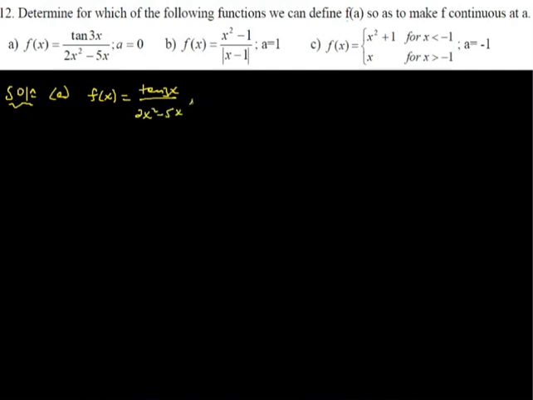So the a value is a equals 0. For this case, f at a is f at 0. If you substitute 0 in place of x, f at 0 means tan of 3 times 0, which is 0, over 2 times 0 squared minus 5 times 0.